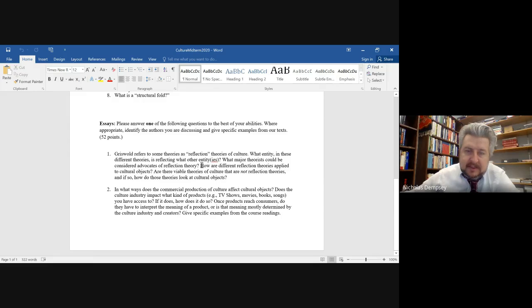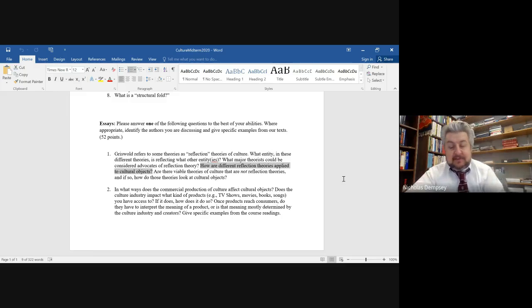And then where I ask, how are different reflection theories applied to cultural objects? The thing to do with that is to describe that in the abstract, but then give specific examples. So something like the Lowenthal on literature was an appropriate example.